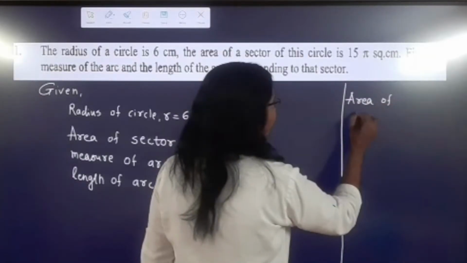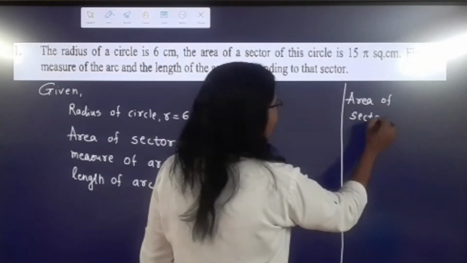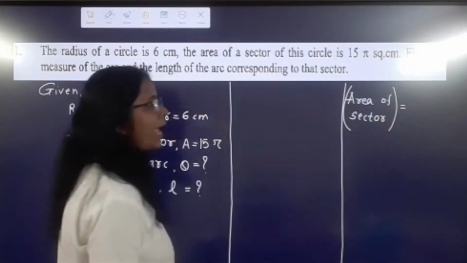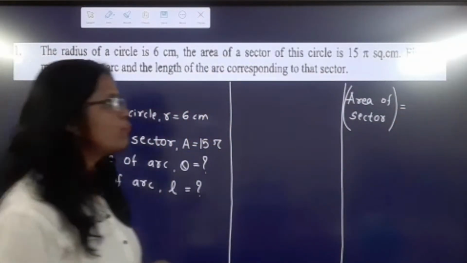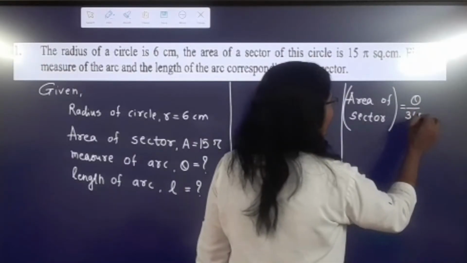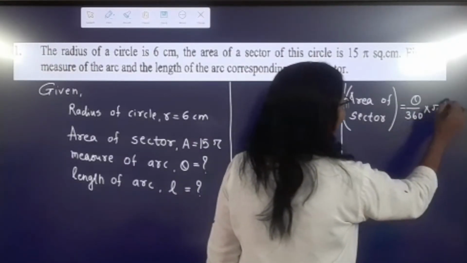So now if I want to calculate theta, then I can use the area of sector formula, and that is theta upon 360 multiply pi r square.